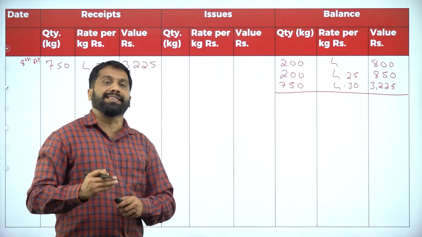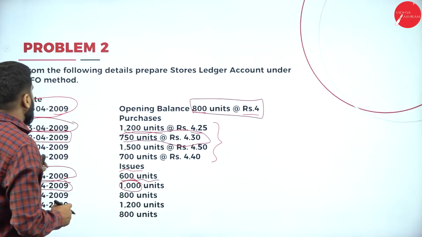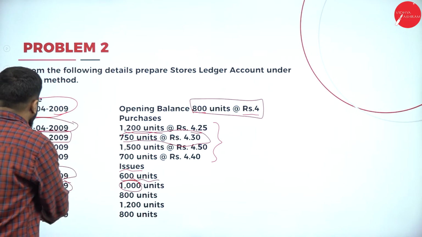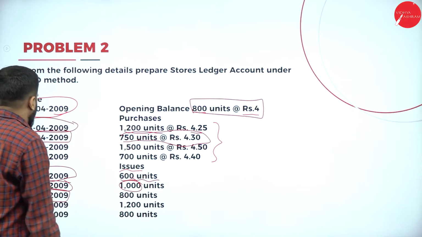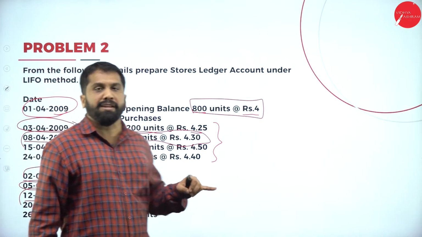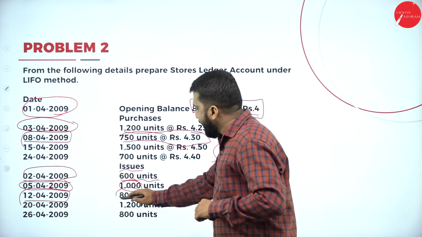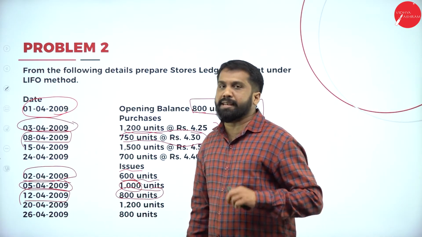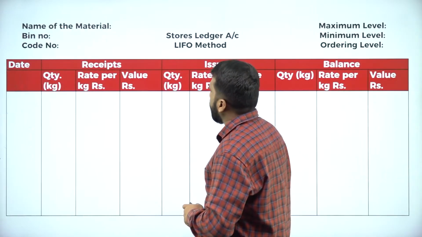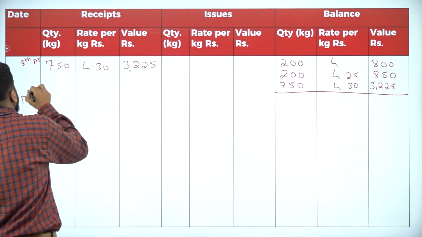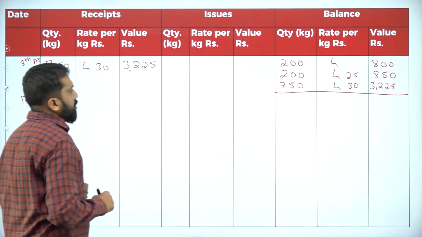Now, we'll go to the next one. 8th April is done, so we will go for 12th April. Here we have 15th. Before 15th, we get 12th. Now, 12th April, we have 800 units. How much do you need? 800.